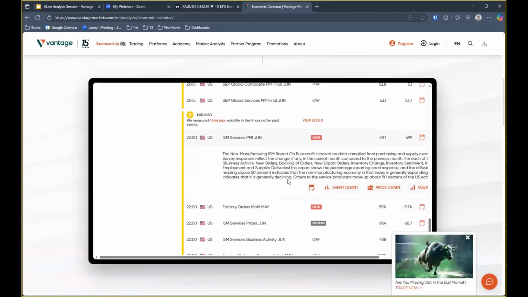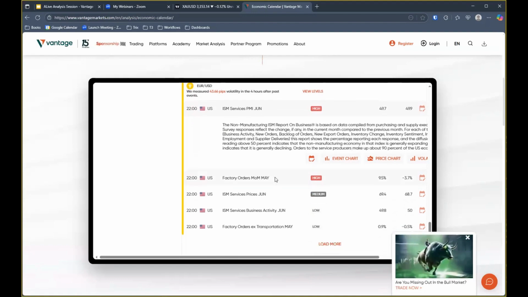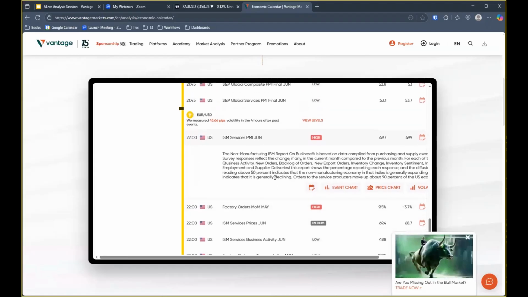Basically, we're looking at the outlook of how the tariffs have impacted some of these businesses in the US. Factory orders month-on-month as well. We're going to look mostly at the dollar pairs today. If you have any requests for non-dollar pairs, we can do so at the end of this session.